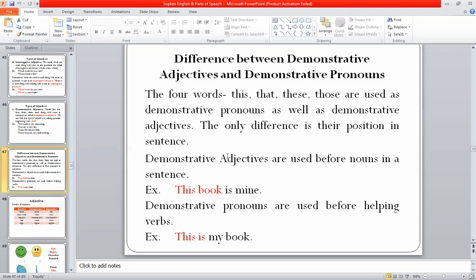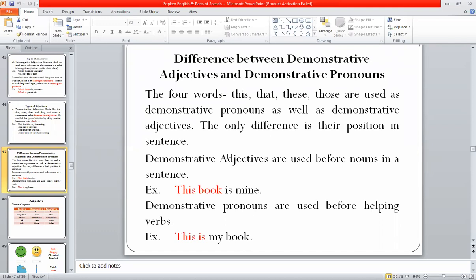Then the next is demonstrative pronoun. Demonstrative pronouns are the words which are used before a helping verb. Let's see an example: "This is my book." So this in this sentence works as a demonstrative pronoun. Why is it so?